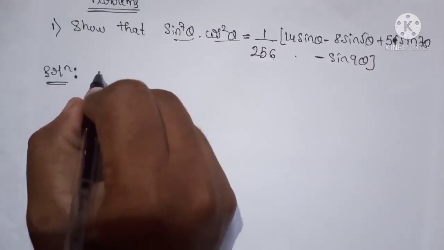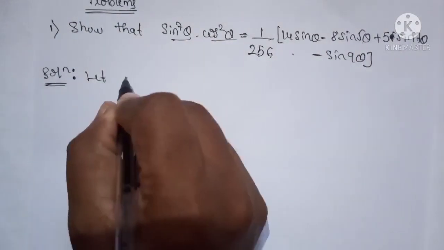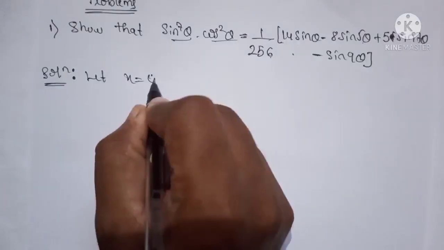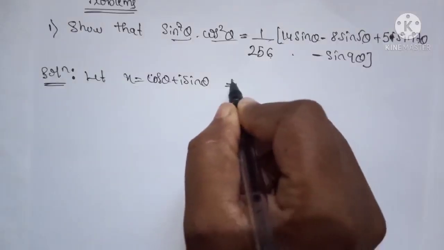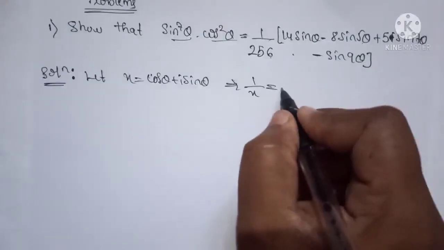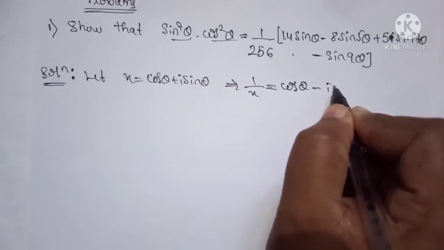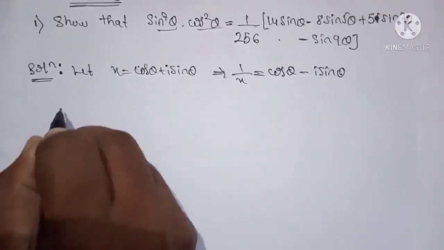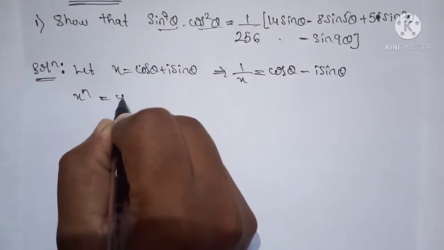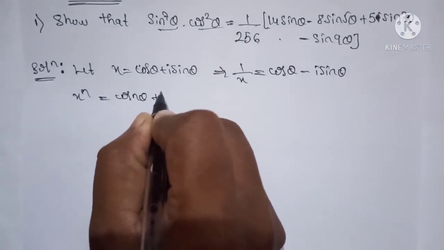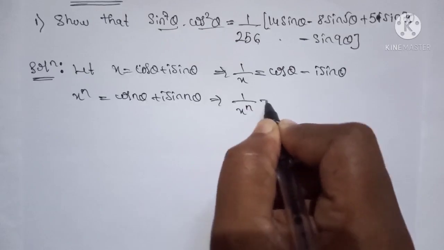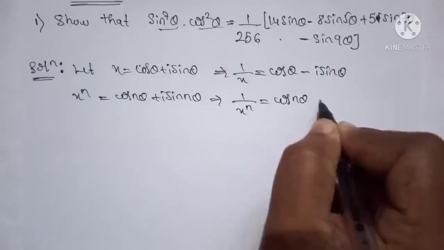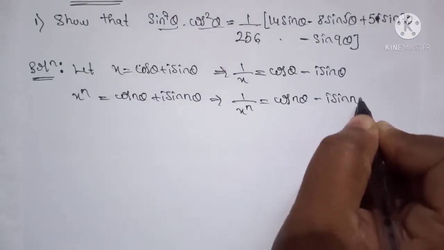That is, first let us consider x equals cos theta plus i sin theta, then 1 by x is equal to cos theta minus i sin theta. Okay, then x raised to n will be cos n theta plus i sin n theta, and 1 by x raised to n is cos n theta minus i sin n theta.